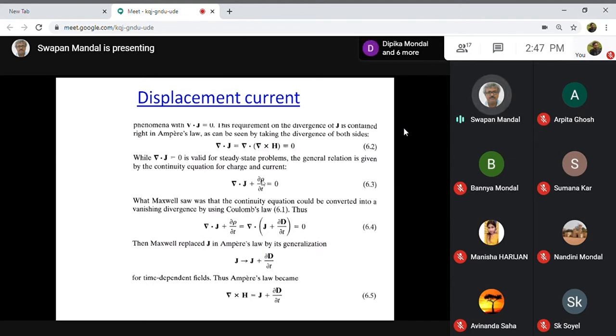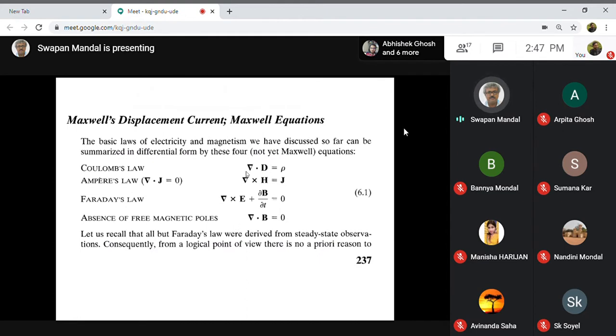Actually, the equation of continuity was considered by Maxwell initially. What he did was write divergence of J plus del rho del t, and for del rho del t he used one of the equations of electrostatics, divergence of D equal to rho.